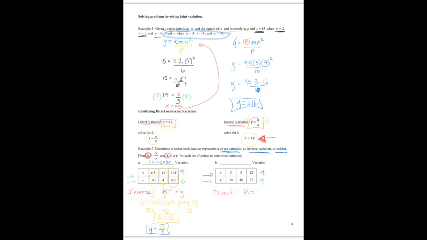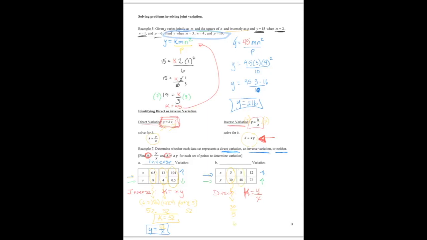Now the relationship for k for direct variation is y over x. Now don't get confused by the fact that you say direct and you see a ratio over here on the right hand side. This is for k. This is not the direct variation function where y is isolated on the left hand side. But let's go ahead and investigate our k's. So if I take the ratio of y over x, what do I get? 6.